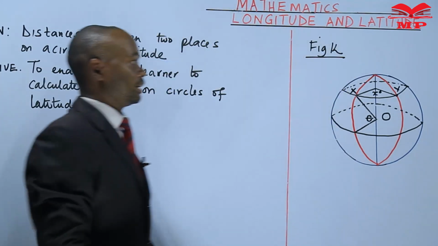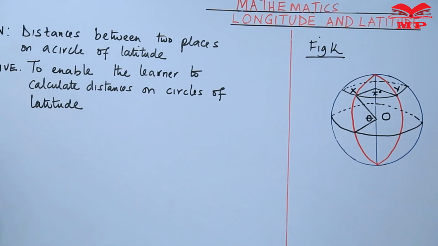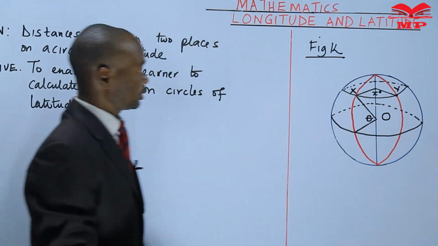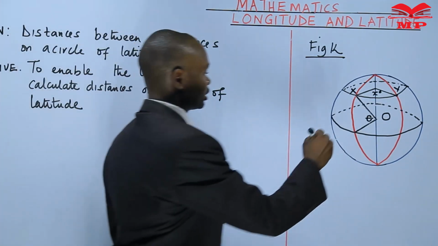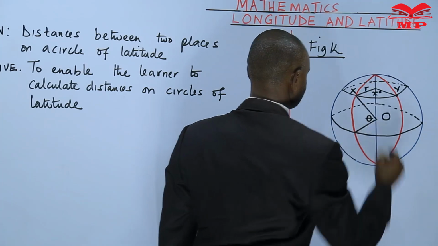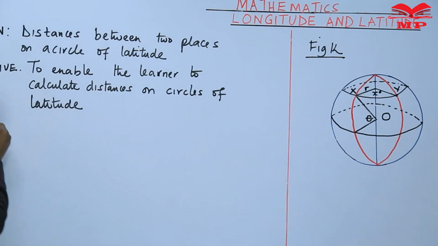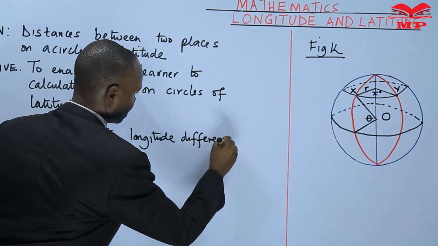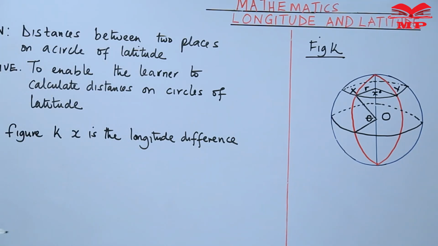That is figure K, learner. In figure K, X is the longitude difference. So we have to get those parameters correctly.